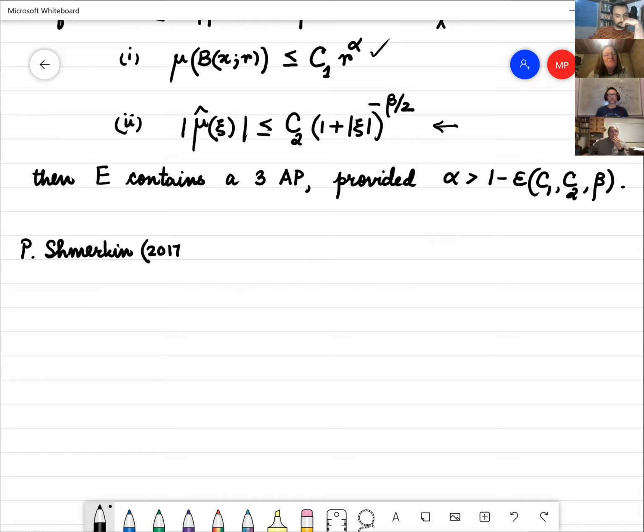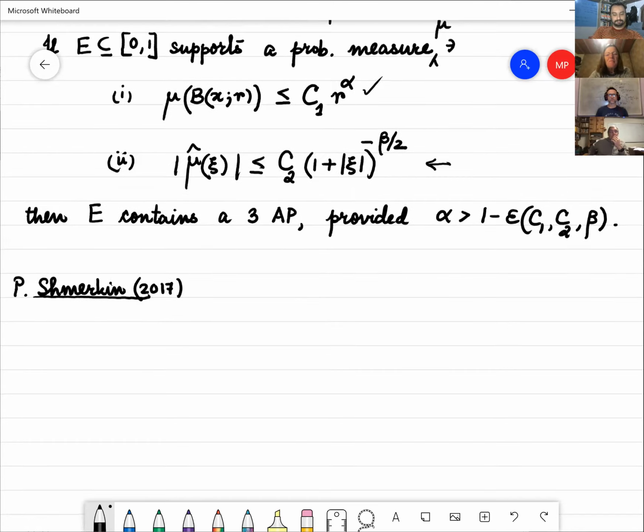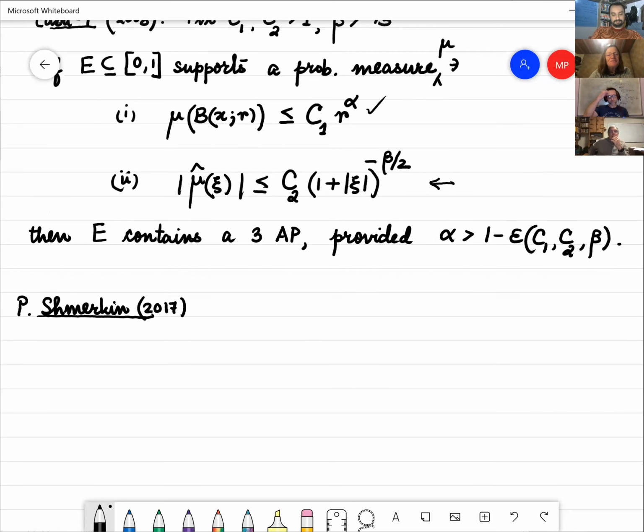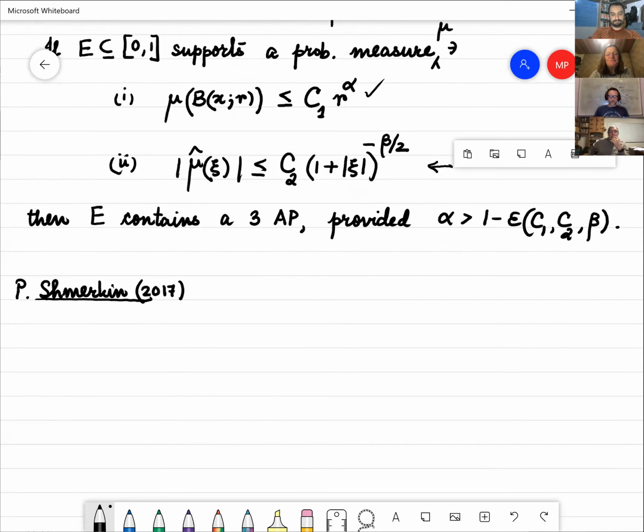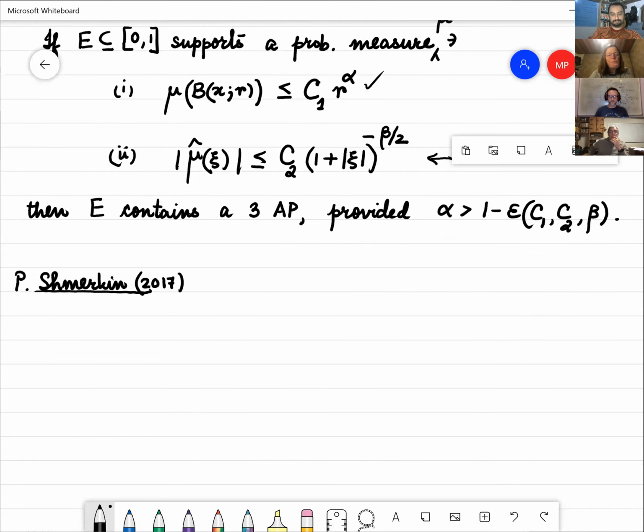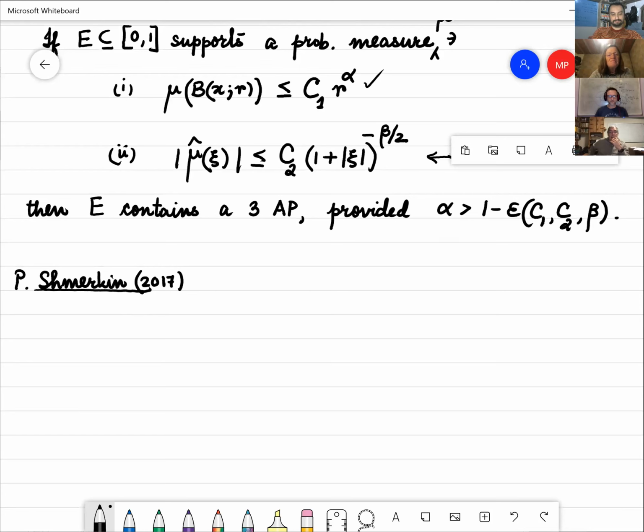So what his results say is that these results are consistent with a conjecture that perhaps sets of high Fourier dimension ought to contain three-term arithmetic progressions, but that intuition is false.